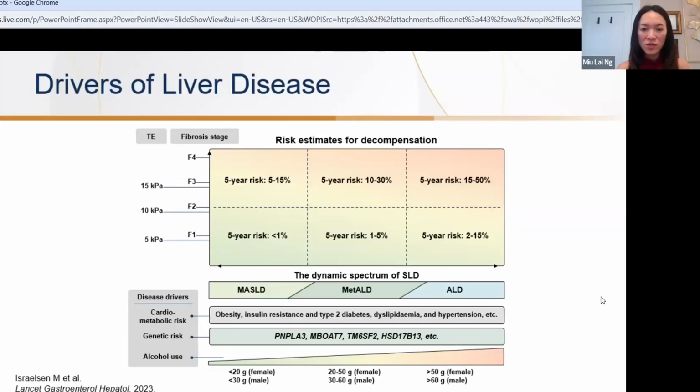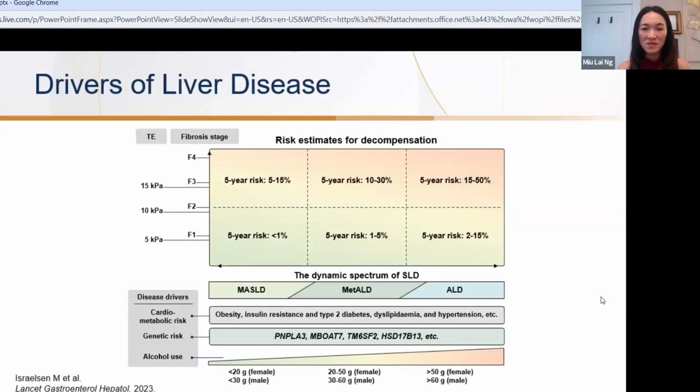If you diagnose MASLD, fatty liver only, with no significant fibrosis, the risk of developing decompensation is just less than 1% in 5 years. Versus if you have fatty liver disease and when you diagnose, you have significant fibrosis, F3, F4, the 5-year risk increases 15-fold to 5 to 15%.